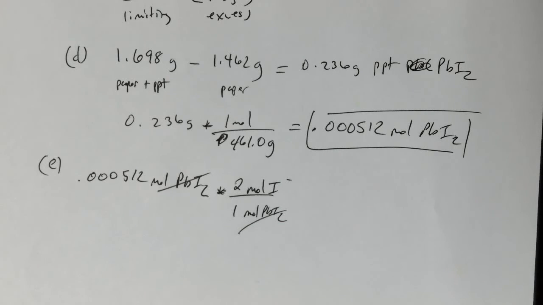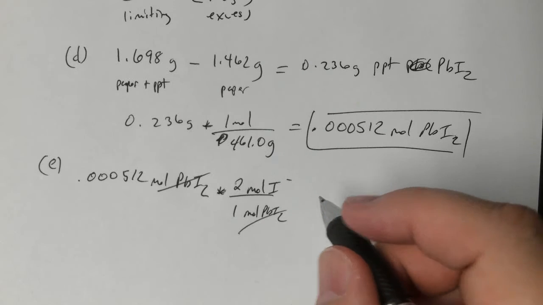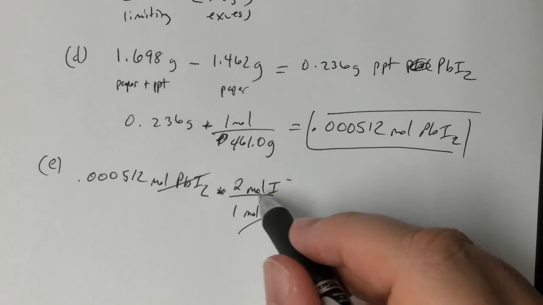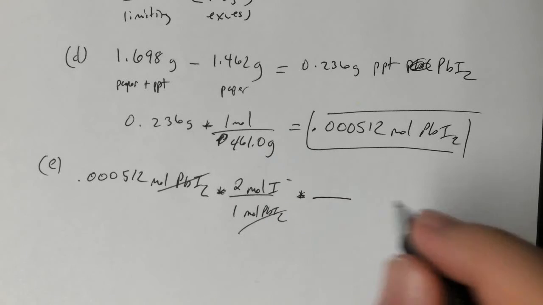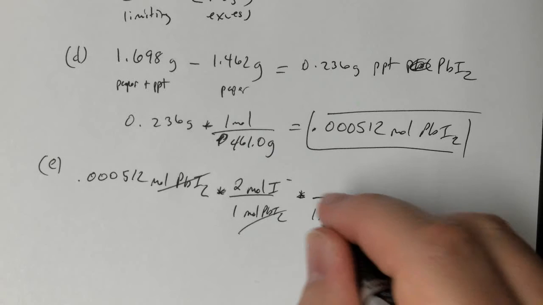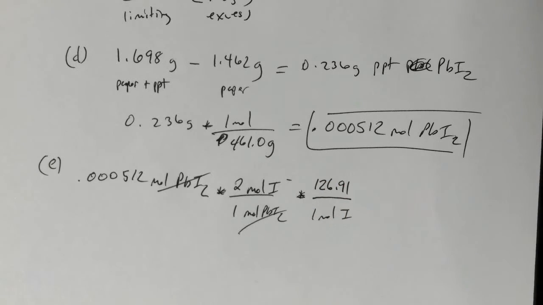Moles of iodide. Now, all of this iodide came from that tablet. So if we can just convert all that into grams, and the molar mass of iodine, 126.91.